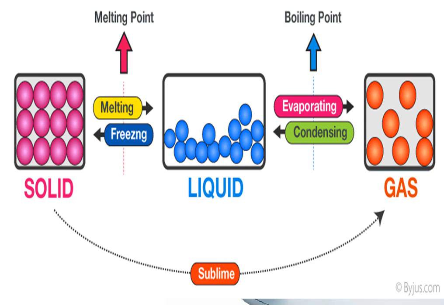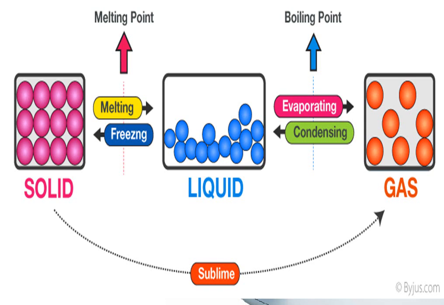Look at the picture. Here you can see the summary of all the phenomena which we already discussed. Here you can see three states of matter: solid, liquid and gas. When solid converts into liquid, that is called melting. But when liquid converts into solid, that is called freezing.